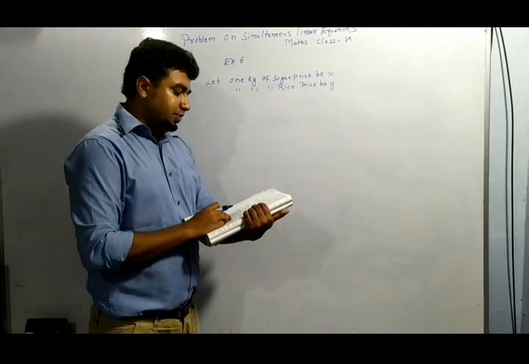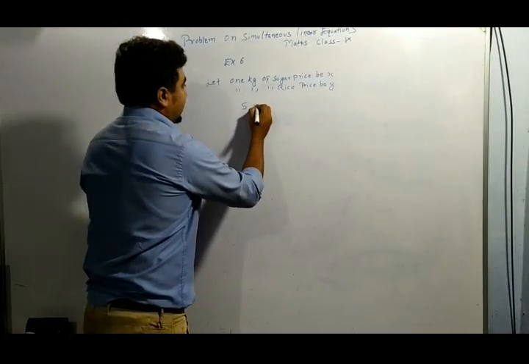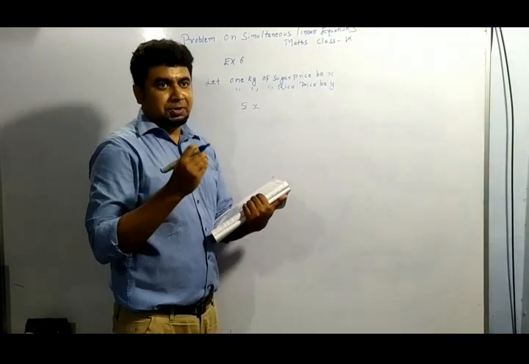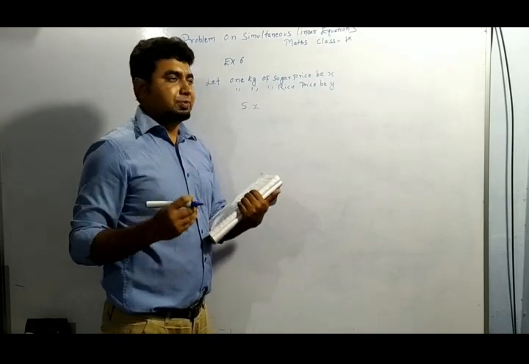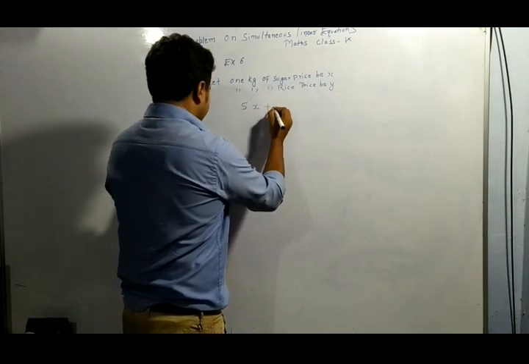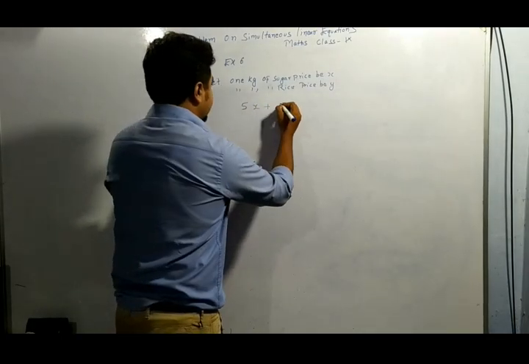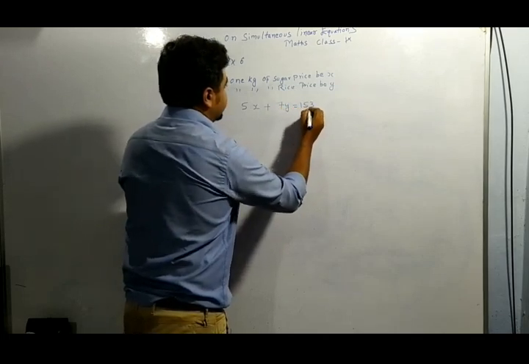How many kg of sugar is he buying? 5 kg, so 5 into x. Suppose 1 kg of potato costs 50 rupees, then 2 kg will cost 2 into 50. Same thing here. He is buying 5 kg of sugar, 5x, plus 7 kg of rice, 7y, equal to 153.